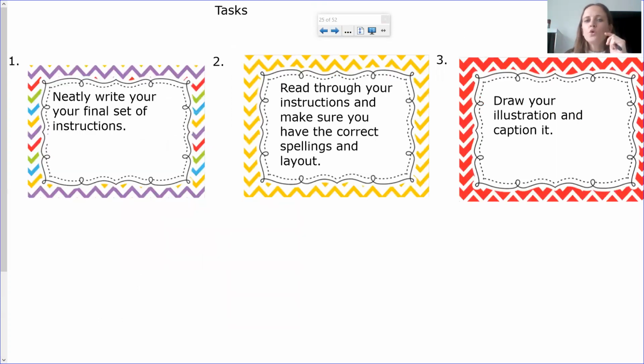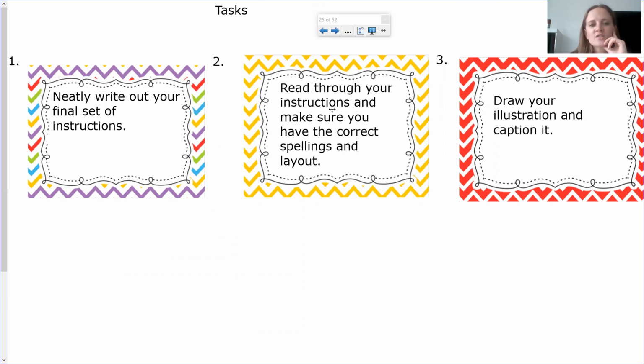So your final task for instructions, your final three tasks are the following. Neatly write out your final set of instructions.